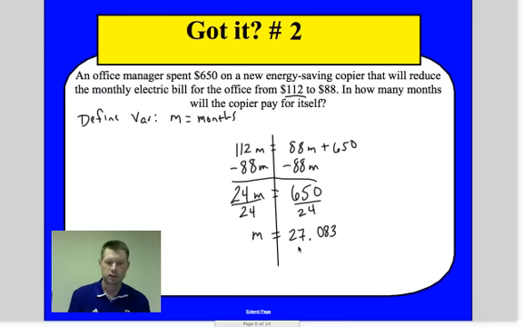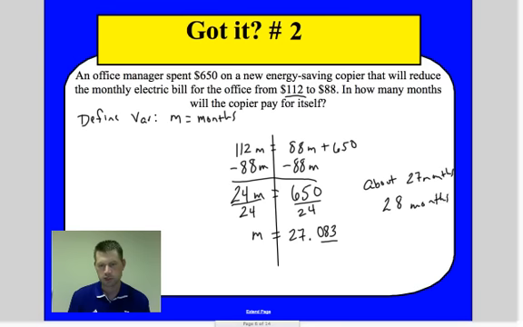Well, we could say about 27 months. But if we're going to be paying this off, it's actually going to go into that 28th month. We've completed 27, but we have this change left over. So really, if we want to say when we will actually pay it all off and start making money off it, it would be 28 months.